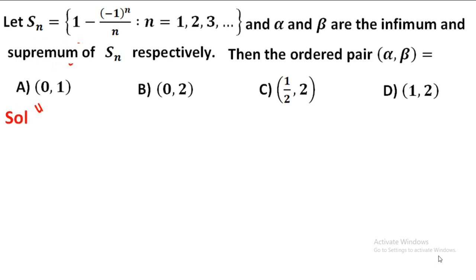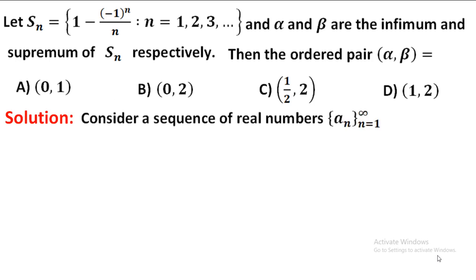Okay, let us see the solution. Before going to solve this problem, we will recall the definitions of infimum and supremum of a given sequence. Consider a sequence of real numbers a_n, n equal to 1 to infinity.